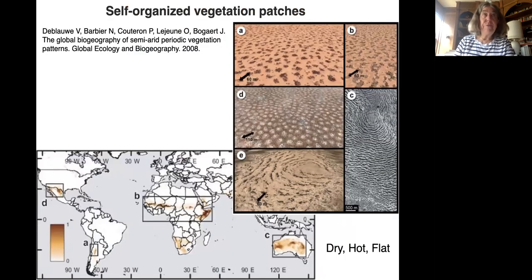And part of the way that we know something about where this pattern formation happens is from this study by De Blauwe and collaborators. So this is, I guess, a Belgian group that has done a lot of really nice work looking at patterns and asking questions about what you can actually measure that's inspired by modeling efforts.